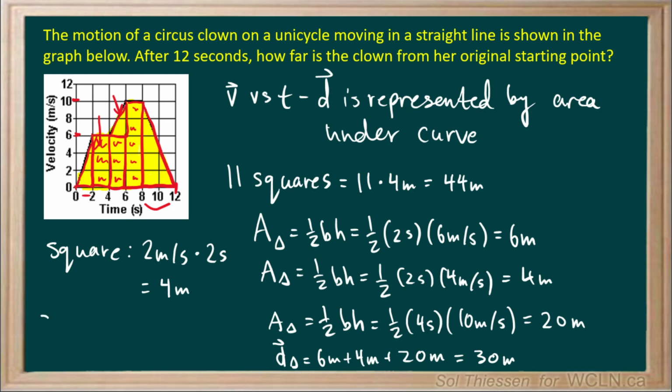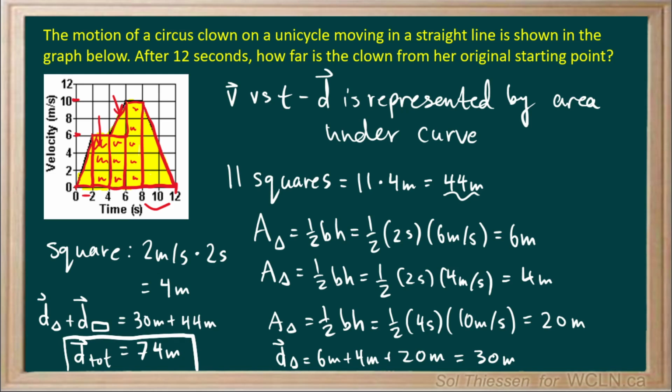So now if we take the displacement due to the triangles plus the displacement due to the square sections, we'll have 30 meters plus our earlier found 44 meters, for a total area of 74 meters. So this is the total displacement of the clown. So this is how far the clown is from her starting point, 74 meters in the positive direction.